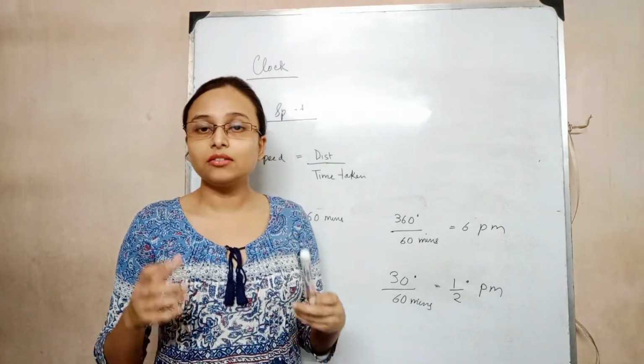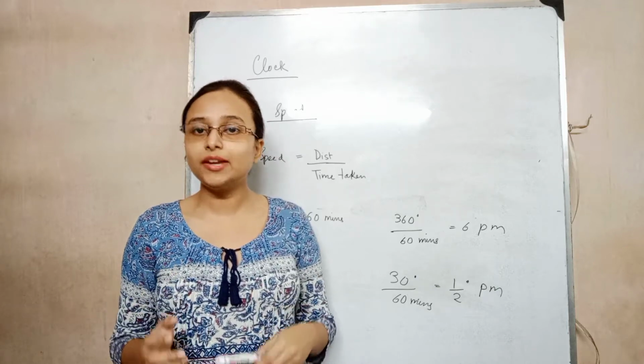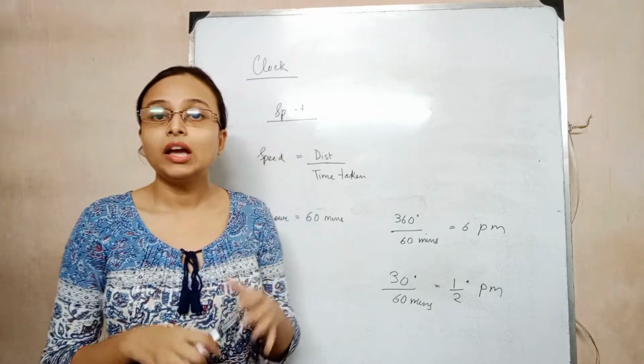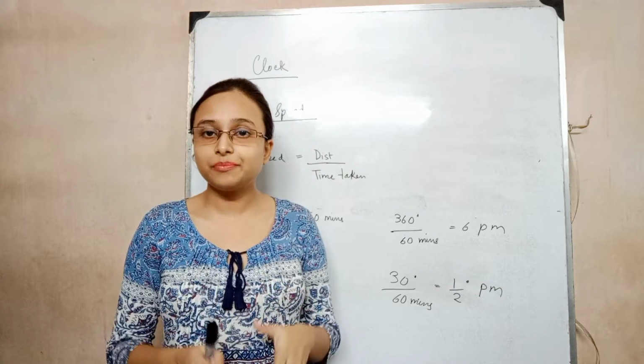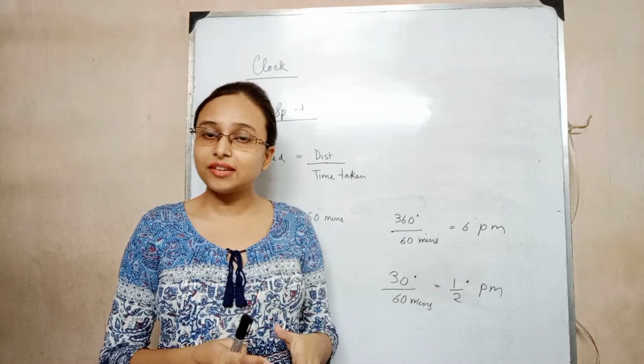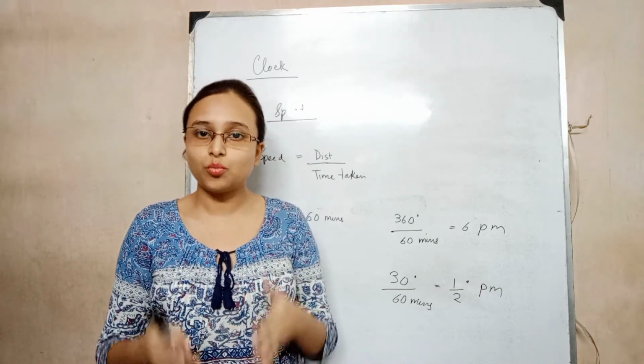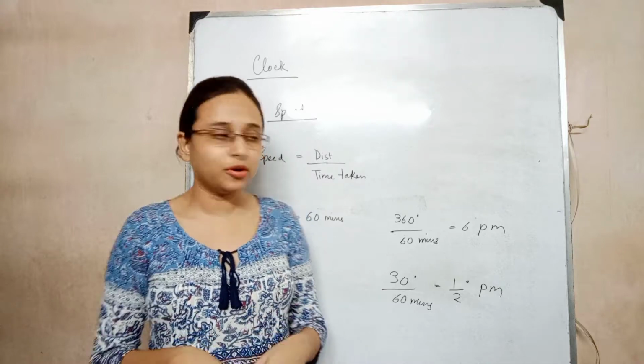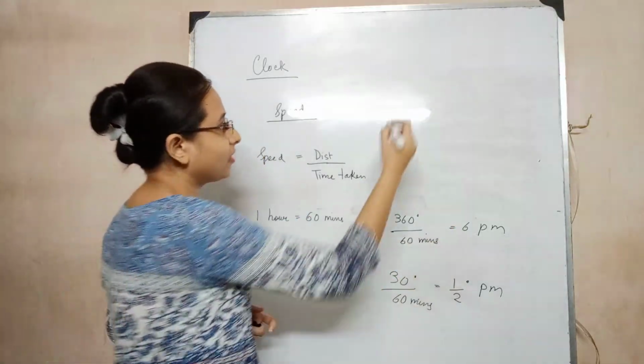Now, the comparison between the speed of the hands. The difference in the speed therefore is 6 degrees minus half a degree, which is 5.5 degrees per minute. You can understand from this itself.